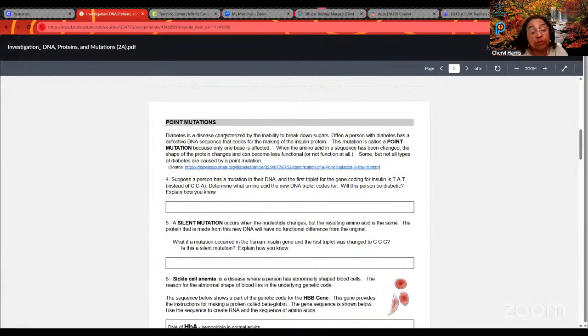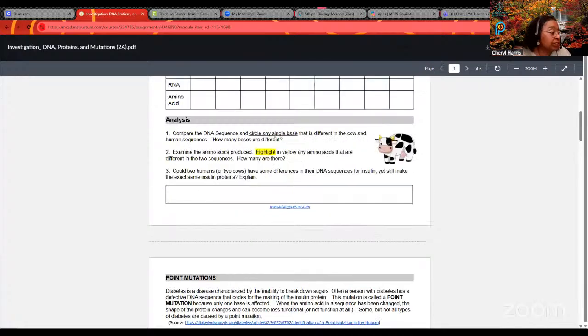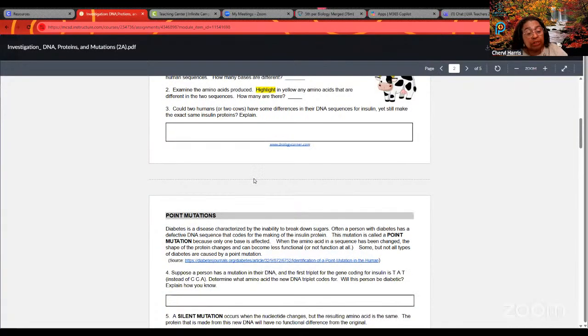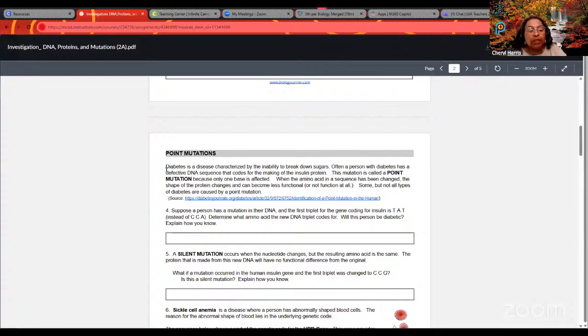The first one is a point mutation, and what we looked at here with the insulin was for diabetes. If you don't make insulin correctly, then you don't break down the sugar properly, and you get diabetes. So that's a disease that comes from this type of mutation. A point mutation is just one base affected.